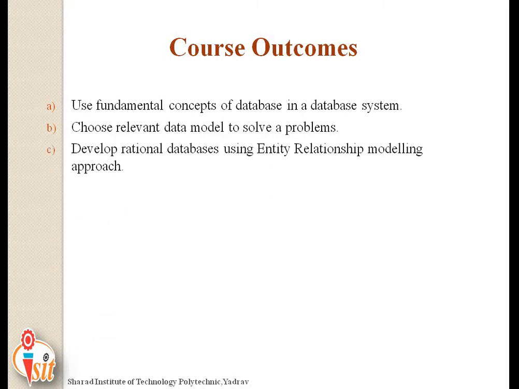After completion of the third unit, you are able to develop relational databases using the entity relationship modeling approach. And now our aim is that after completing this unit, Relational Database Model, you are able to apply constraints for data integrity in a relational database.